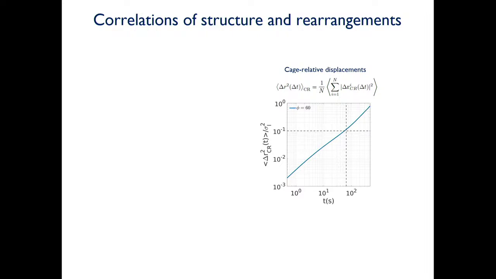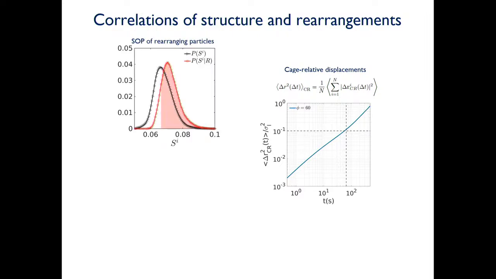So there is a crossover from subdiffusive to diffusive regime. We take this crossover point as the characteristic time scale in our system, and this is the characteristic displacement. On this time scale, if a particle has a displacement that's greater than this, then we call it a rearrangement. So that's how we identified rearrangements in our system.